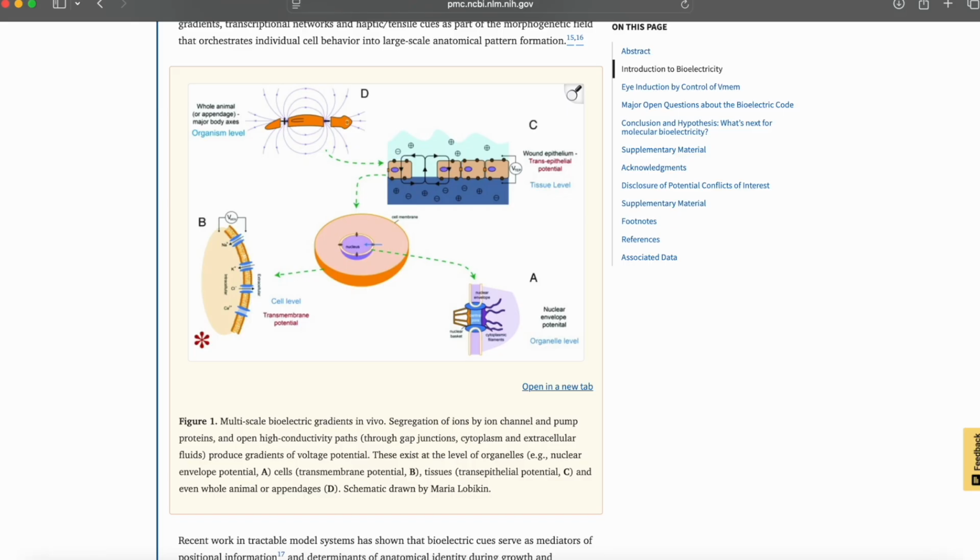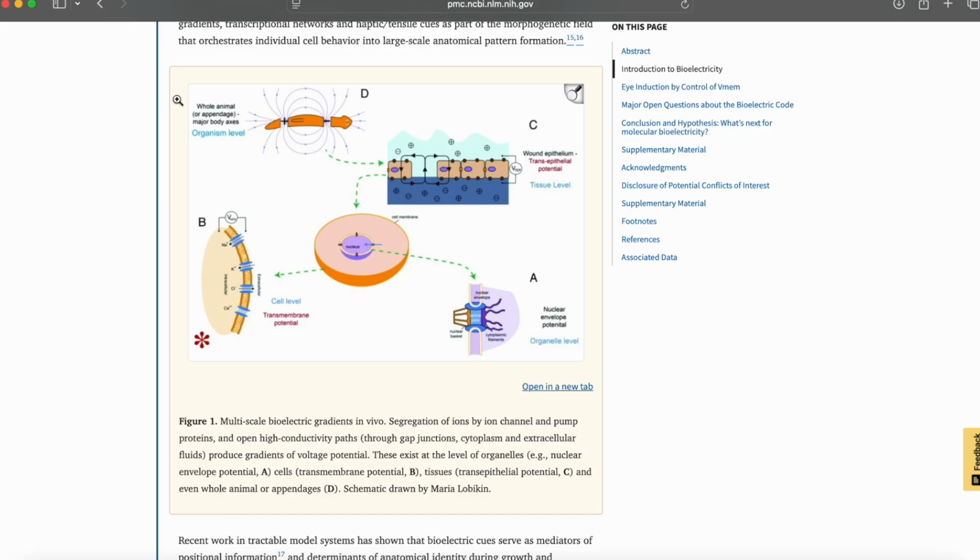These exist at the level of organelles, for example, nuclear envelope potential. A. Cells, transmembrane potential. B. Tissues, transepithelial potential. C. And even whole animal or appendages. D. Schematic drawn by Maria Lobikin.